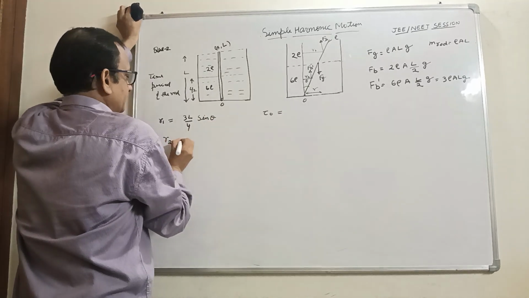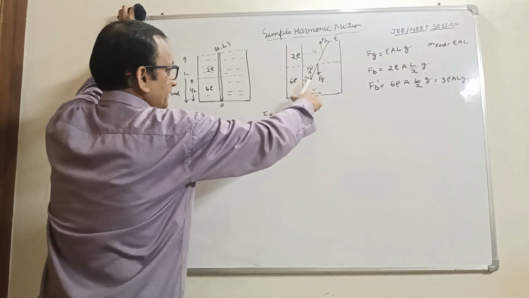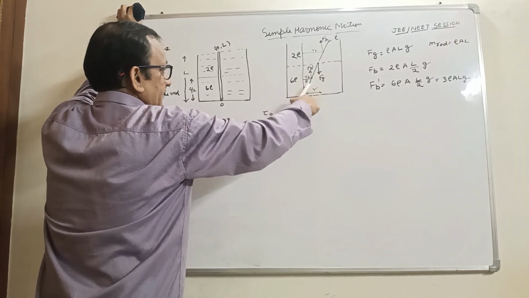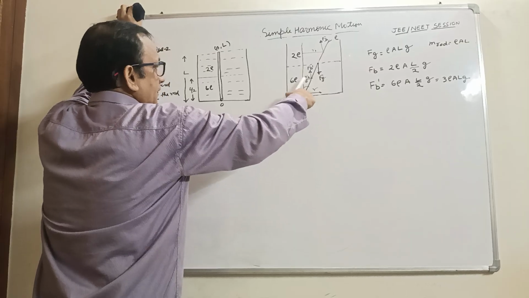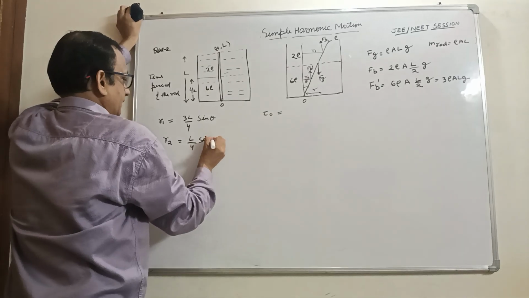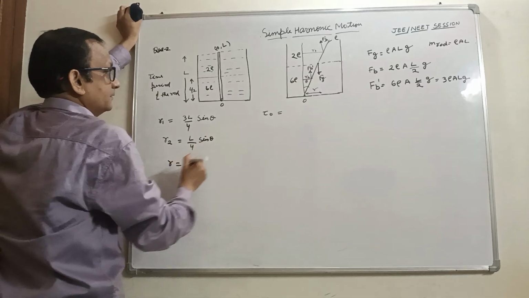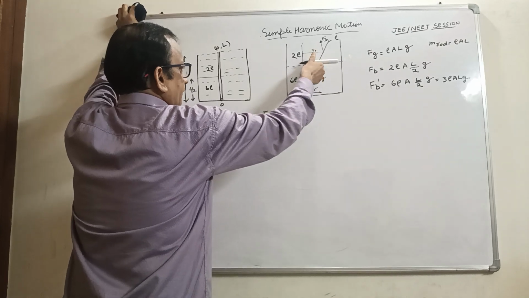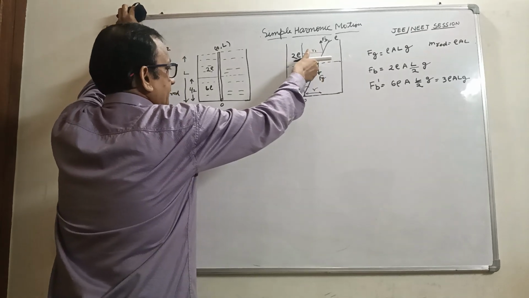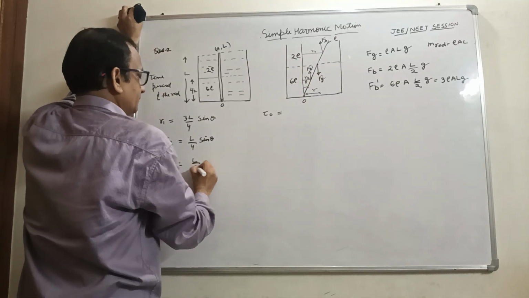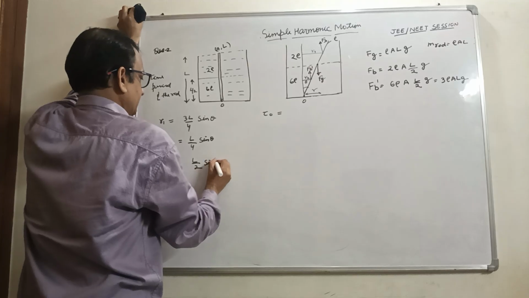And R2 would be this, which is L by 4. So R2 becomes L by 4 sin theta. And R is L by 2 horizontally, so R becomes L by 2 sin theta.